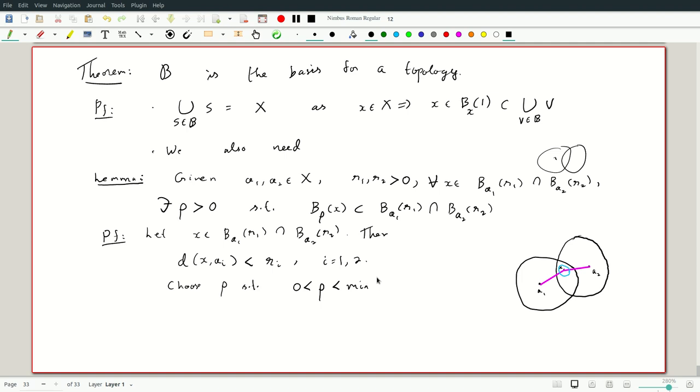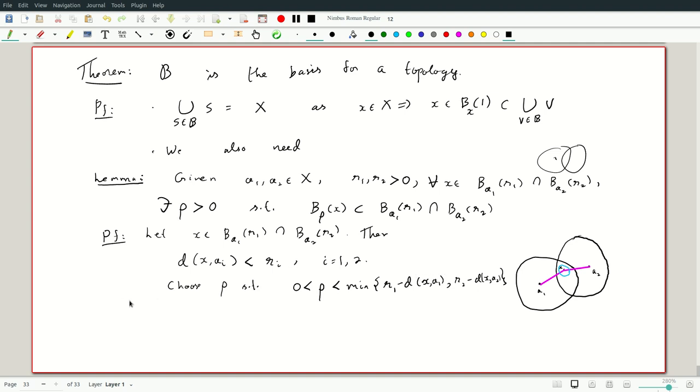For example, you could take it as half of the smaller of the two quantities, the two quantities being the room we have in both cases, R1 minus d(x, A1) and R2 minus d(x, A2). So we have looked at the room here and the room here and taken the smaller of them, and taken a smaller quantity. If you prefer to not have this loose statement, one can say this thing divided by 2 and observe that that satisfies these things.